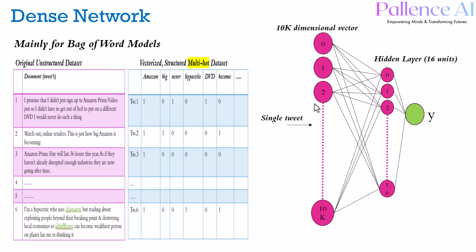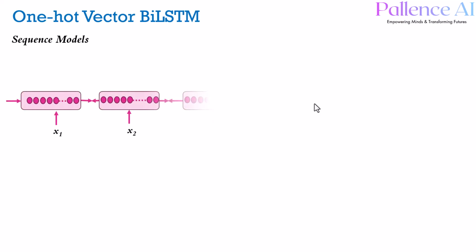Now, what about the sequence model? For the sequence model, you could have one hot vectors or word embedding vectors. But let me just show you how a one hot vector by LSTM architecture looks. Again, this is for a sequence model.